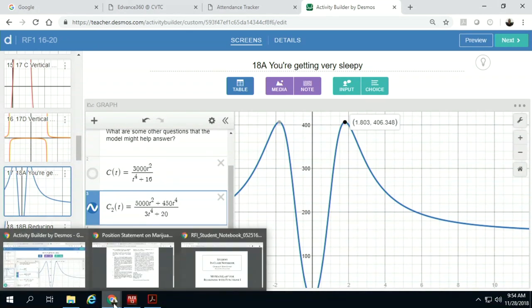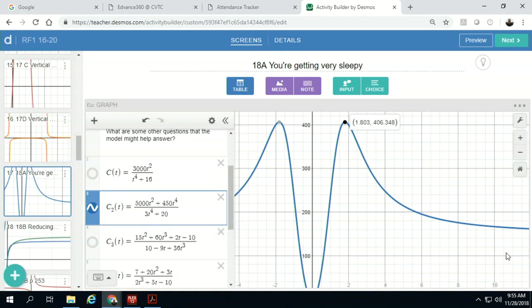Part B. What will the drug's concentration in the patient's body be after a long period of time?